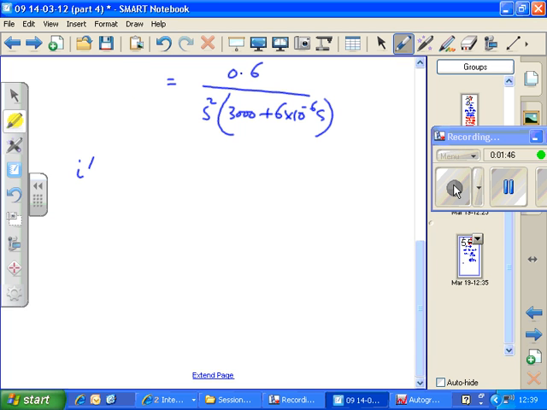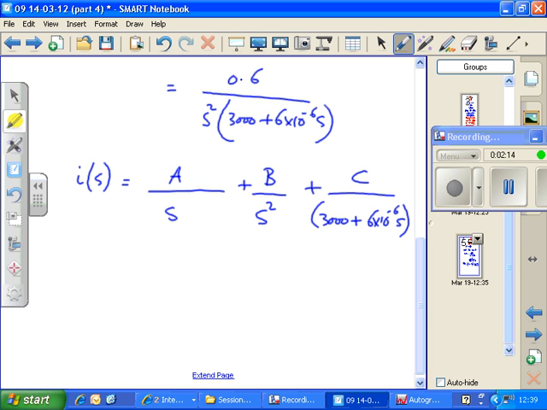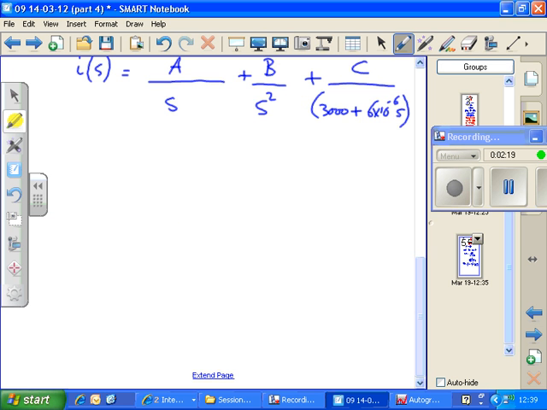So IS equals A over some term involving S plus B over some term involving S squared plus C over 3000 plus 6 times 10 to the minus 6 S. So now we have to cross multiply and equate numerators.